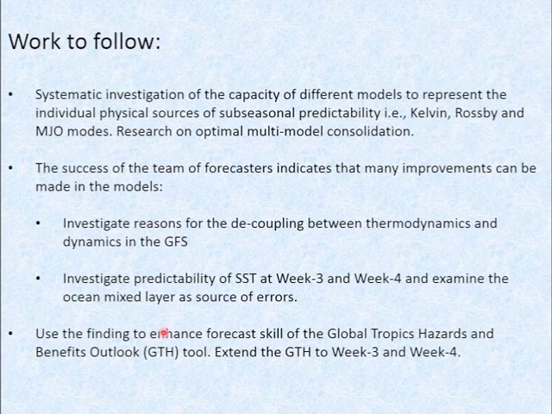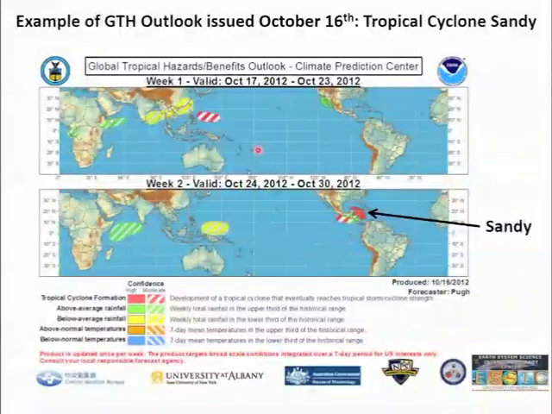And as a final example, I'll show you this operational product from the CPC GTH, where I'm showing outlooks for week 1 and week 2, valid October 17th to October 23rd, 2012, and October 24th to October 30th, 2012. As I was mentioning, these forecasts are resting on subseasonal modes of tropical variability.